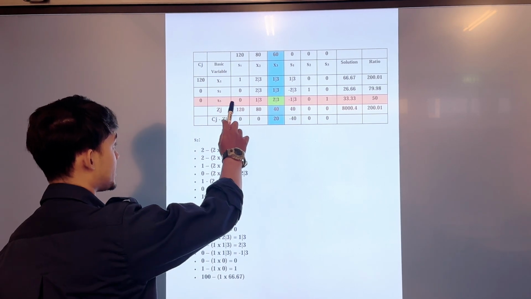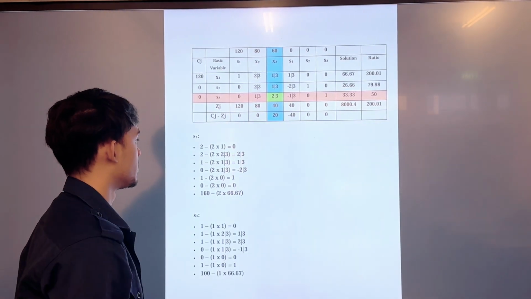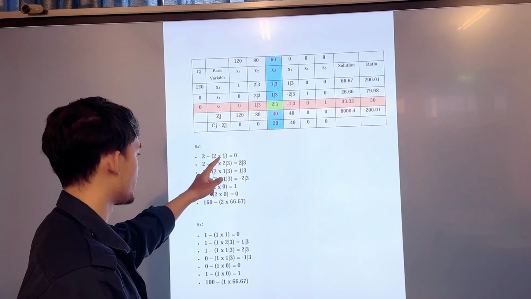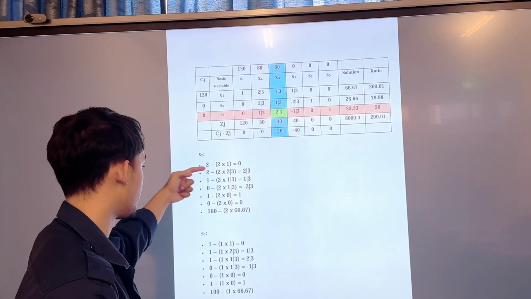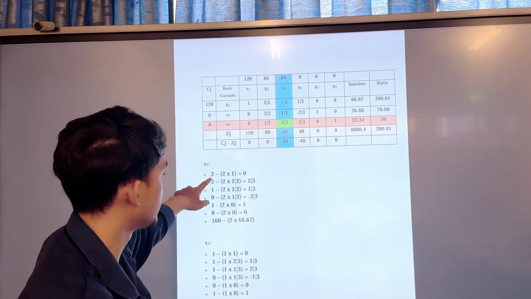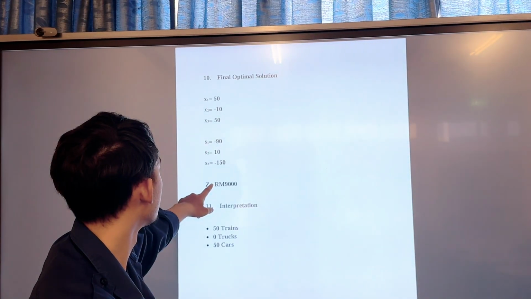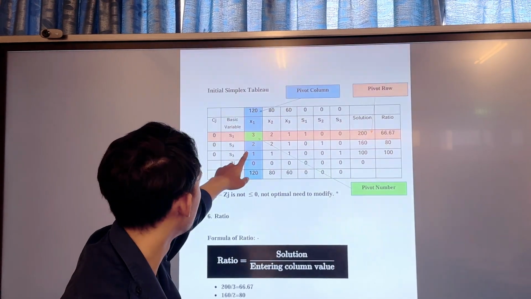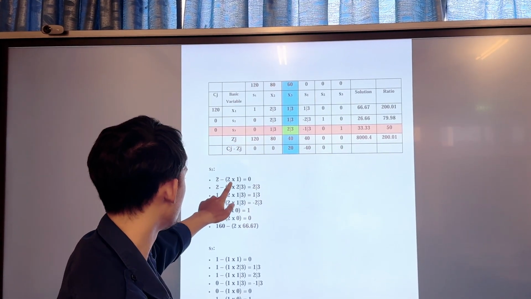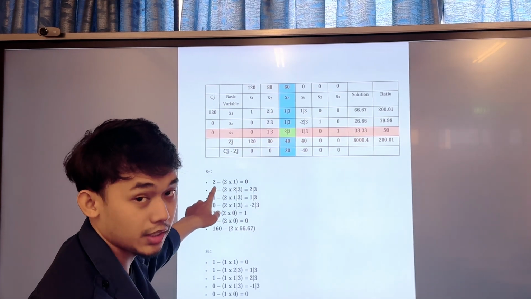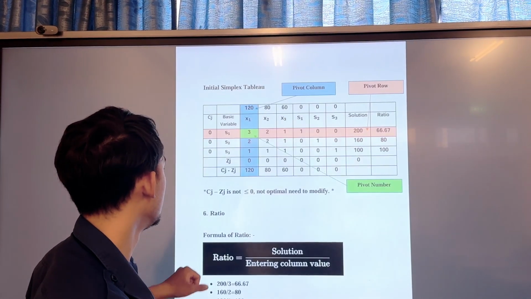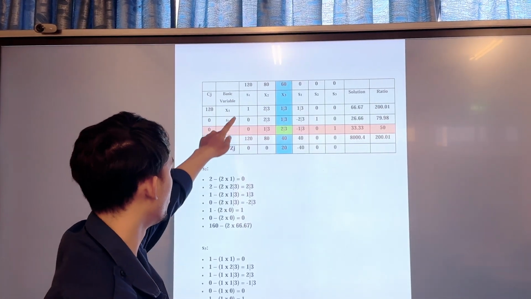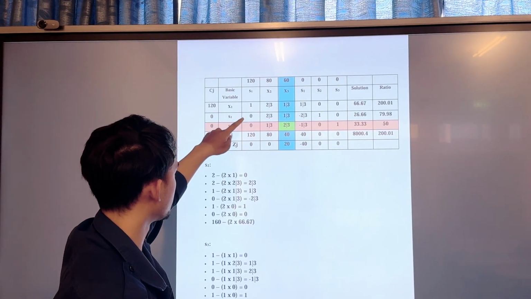How to get this number? Look at this format. 2 minus 2 times 1 equals 0. 2 is the initial value, so 2 minus 2 times 1 equals 0.